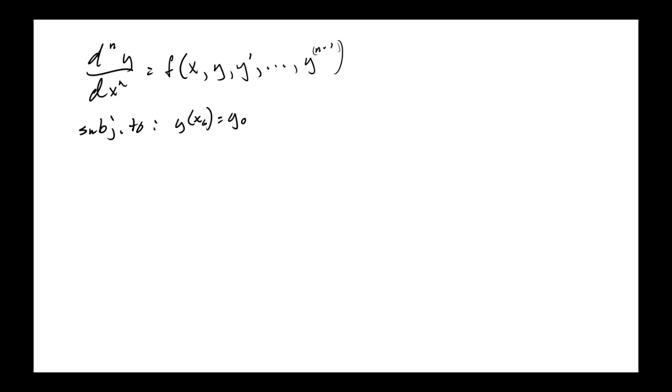So the value we're going to use is x sub 0, and y is going to be evaluated there, and that'll give you a value y sub 0. But you're also going to evaluate y prime at x sub 0.